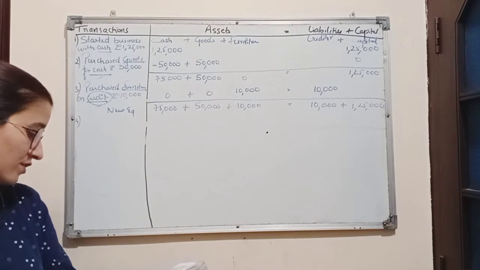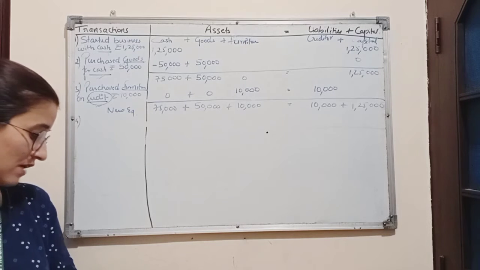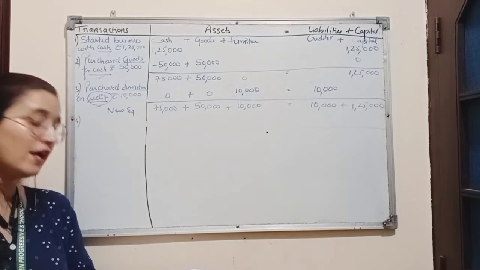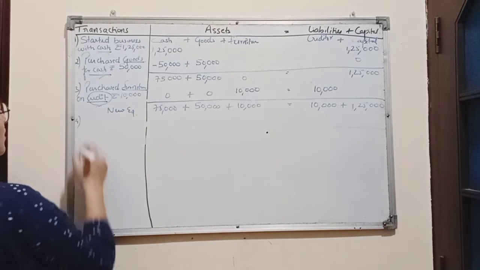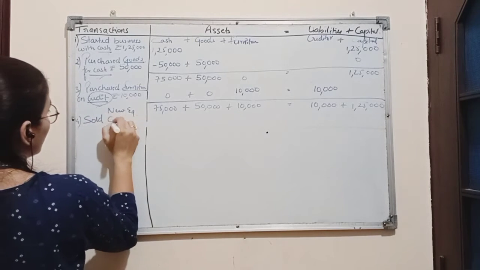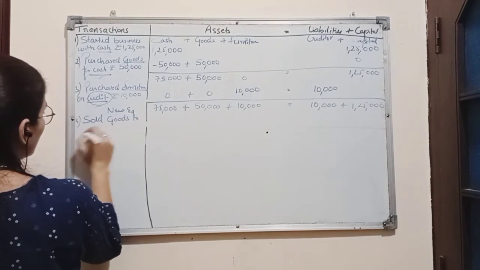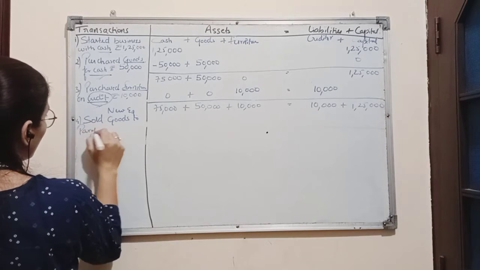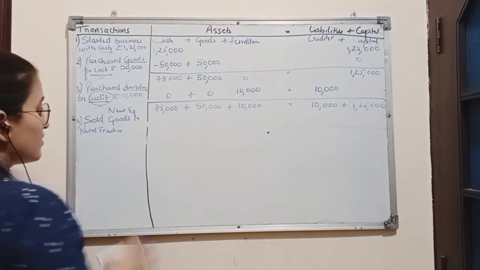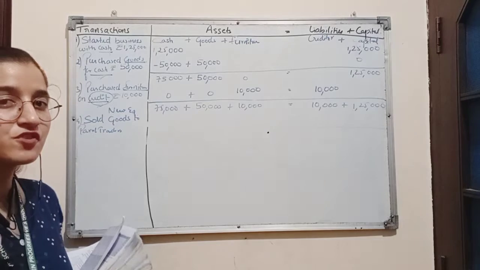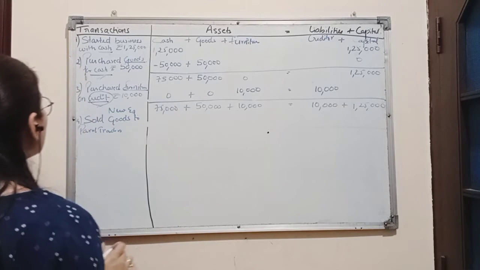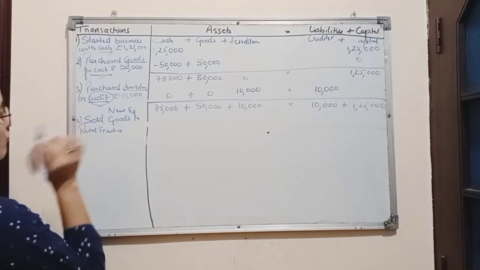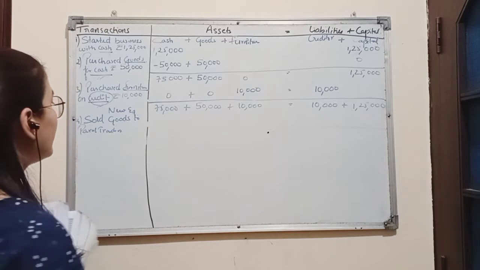Now fourth transaction is sold goods to Parul Traders. Goods costing 7,000 and these goods have been sold for 9,000. So in this transaction, cash is not mentioned. So we will assume that these goods have been sold on credit.